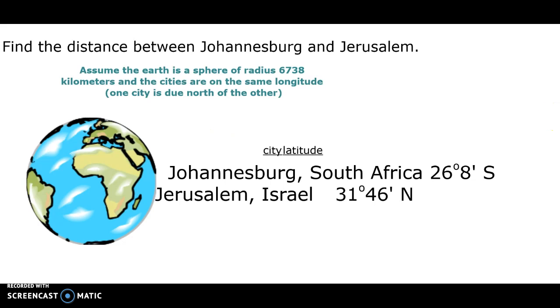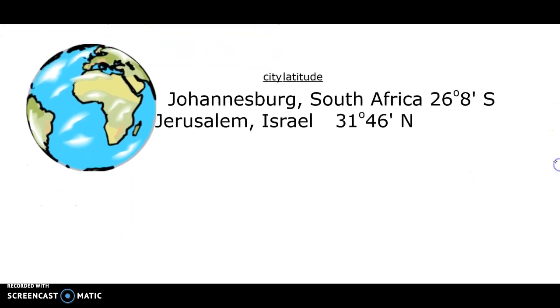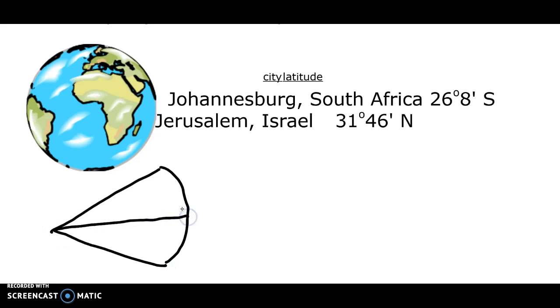So it's always nice to draw a little diagram for ourselves, right? So this really is an arc length problem. Let's imagine that this is that little chunk of the Earth. This is the equator here. Maybe I should write that down. Okay, that's the equator.